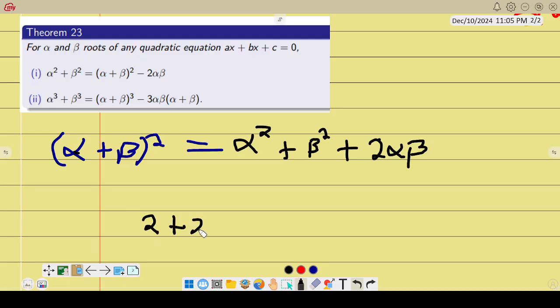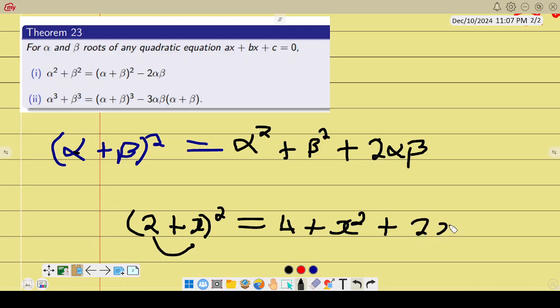If you want to expand this, so what do you do? You simply say 2 squared, it's 4, plus x squared, it's x squared, plus you now multiply this by this. 2 times x, it is 2x.